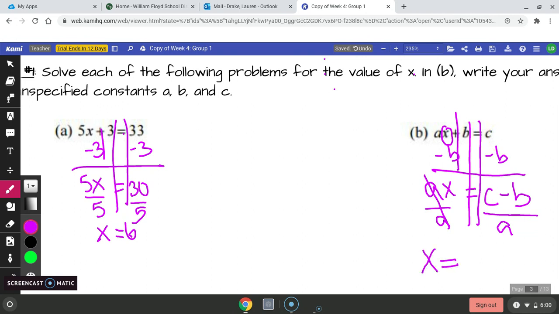X equals, I can't actually simplify anything over here, so I'm just going to rewrite c minus b over a. Okay, that's my final answer. So again, I'm really just rearranging this equation so that the variables other than x, or other than the one you're looking for, go to the other side of the equation.